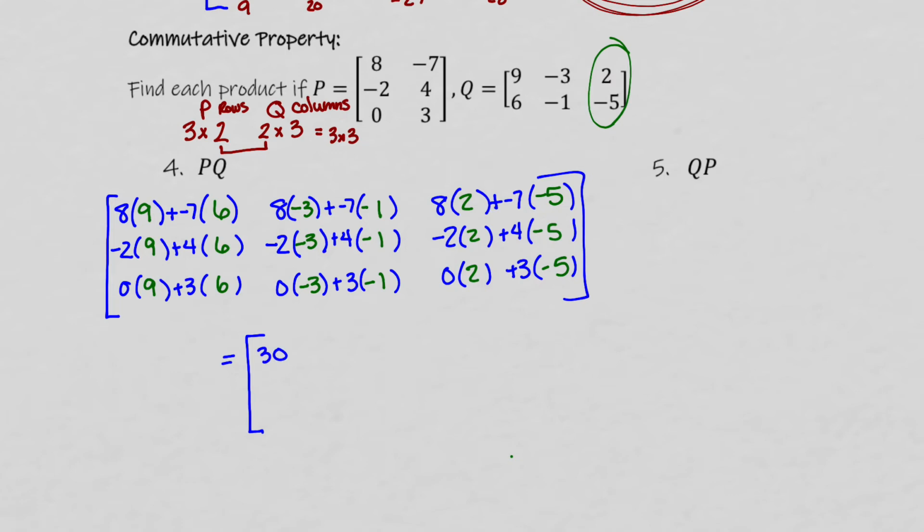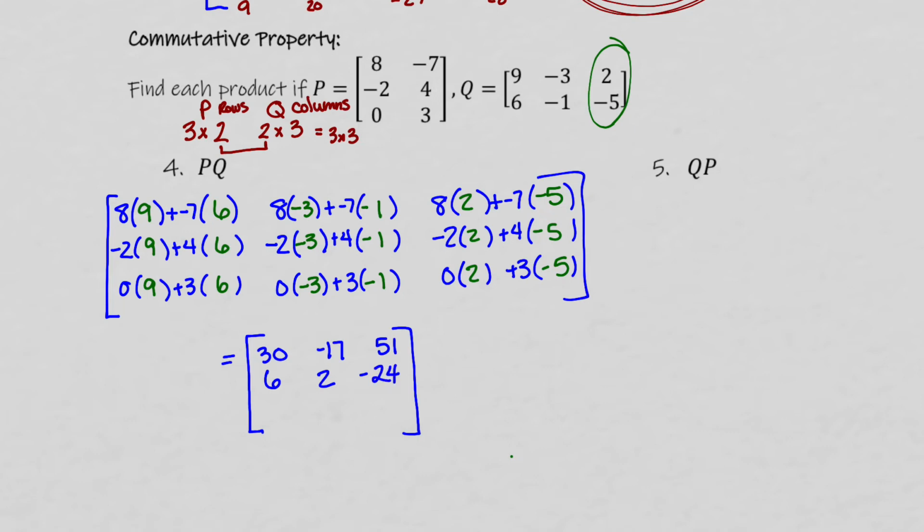Going to the right, we'd have a -24 plus 7 be a negative 17. 16 plus 35 would be 51. Next row, negative 18 plus 24 would be 6. 6 plus a negative 4 would be 2. Negative 4 plus a negative 20 is negative 24.